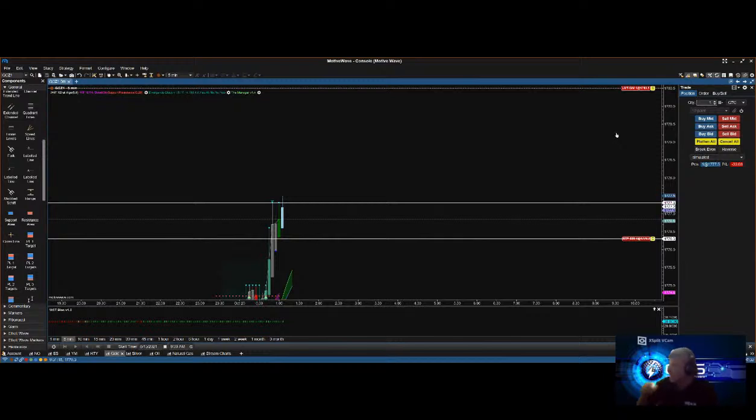So we got our stop set down here at the bottom end of the range, and then our entry point is just above the top of this range right here. There is the possibility that you're going to take some heat on this. It's not uncommon, so don't freak out. It's okay.